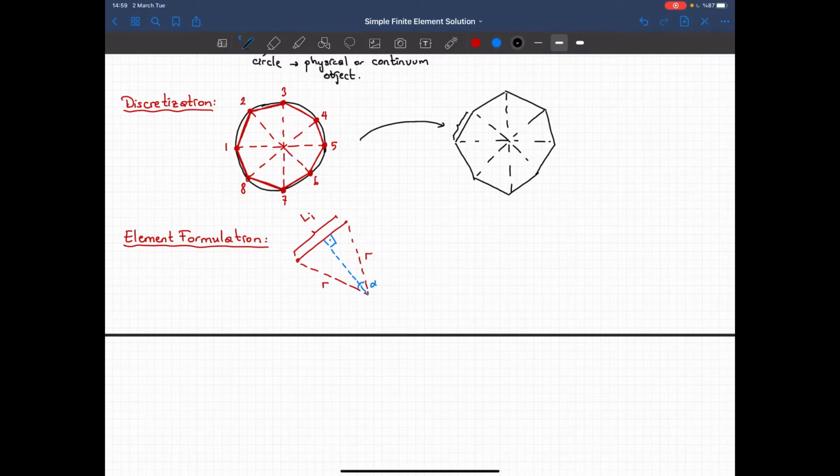Let's call this length L. So Li will be equal to 2 times L, but I want to write everything in terms of radius, so that will give me 2 times R times sine alpha over 2. And in that equation, alpha can be calculated by dividing 360 by the number of elements.